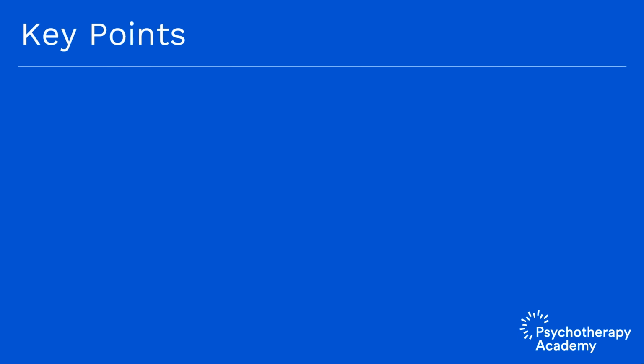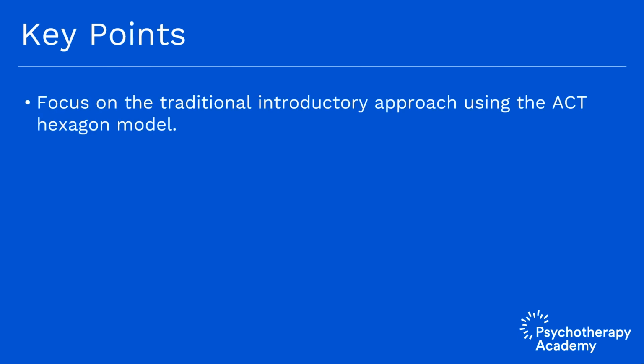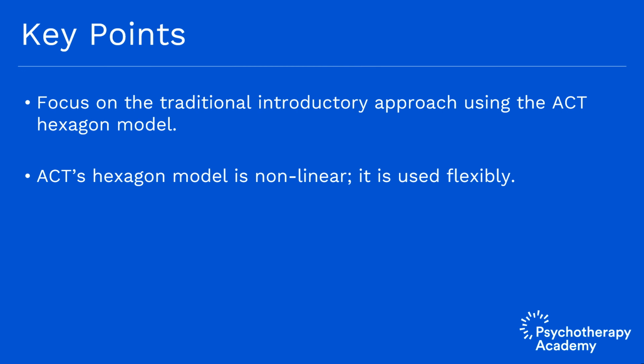There are 3 key points in this video. 1. There are many different ways to discuss acceptance and commitment therapy, but this training will focus on the traditional introductory approach using the ACT Hexagon Model. 2. Acceptance and commitment therapy's Hexagon Model is nonlinear, meaning that it is used flexibly depending upon what is showing up in the room with the client's clinically relevant concern, and such fluid usage will benefit from the clinician being more mindful of the present moment themselves.